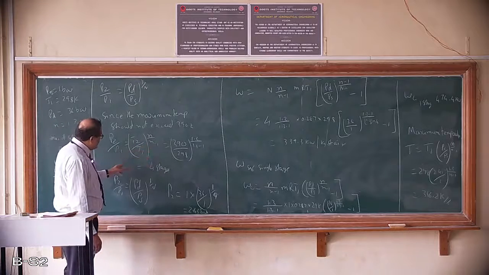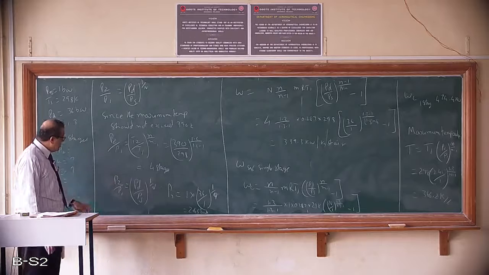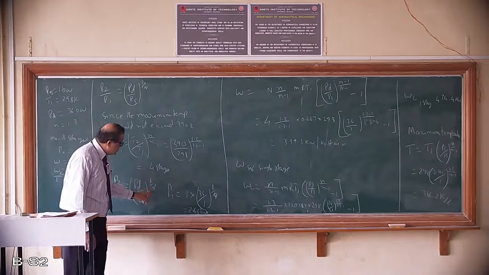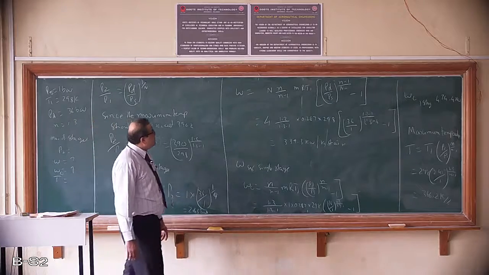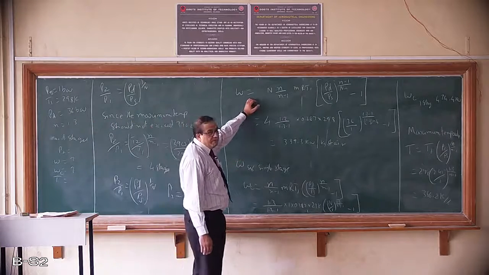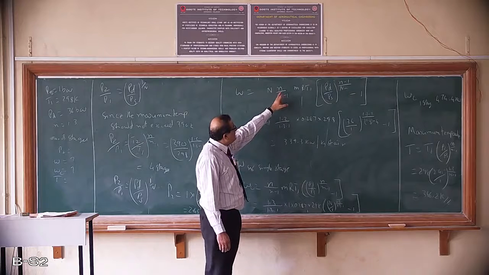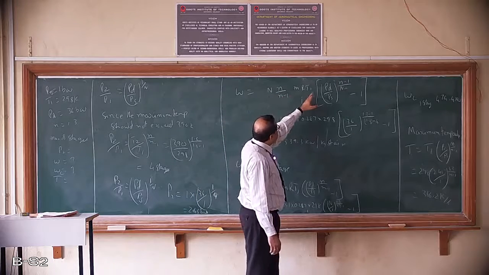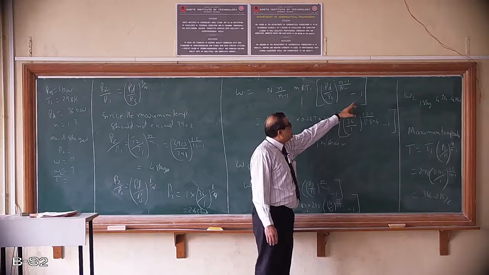So we got P2 by P1 as 4. So P2 by P1 is PD by PS, substitute as 4, get this P2 is equal to 2.45 bar. Now work done for multi-stage compression is N, which we have solved, N into N by N minus 1 MRT1, PD by PS to the power of N minus 1 by N, number of stages, minus 1.